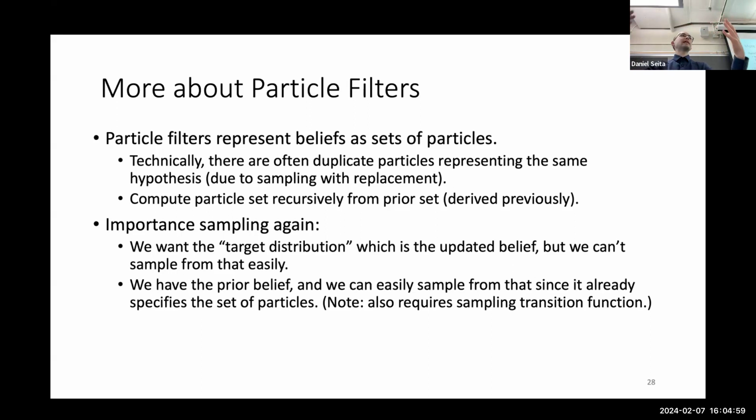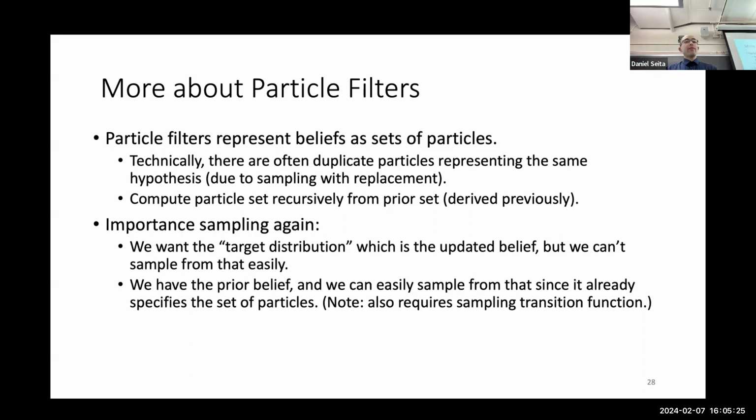And then from those set of particles and those weights, you resample with replacement, you get another distribution, another set really of the same number of particles. But because you sample with replacement, you usually do get some duplicate particles. So in some sense, they will represent the same belief about the true state.